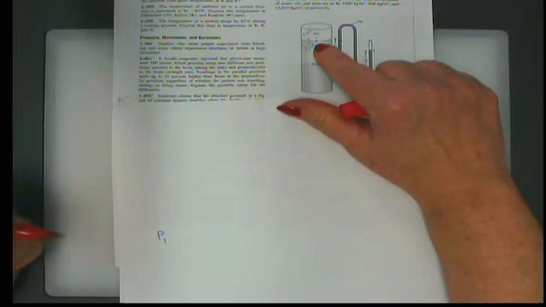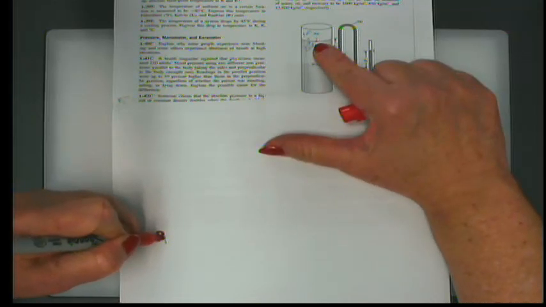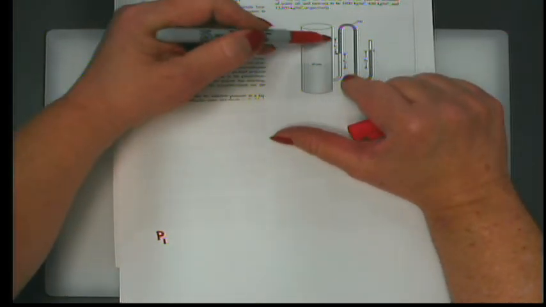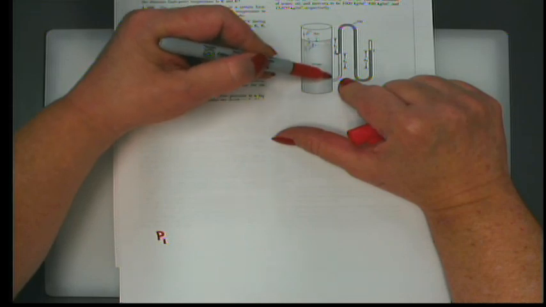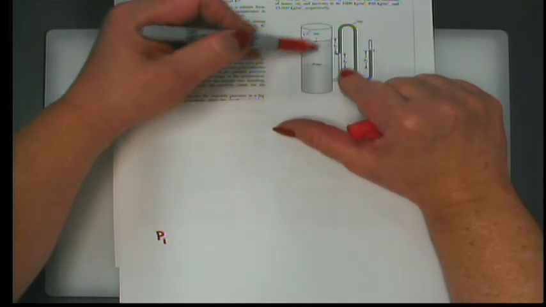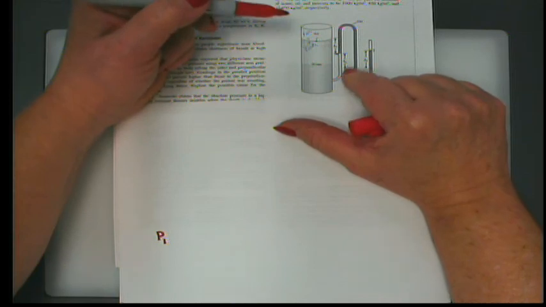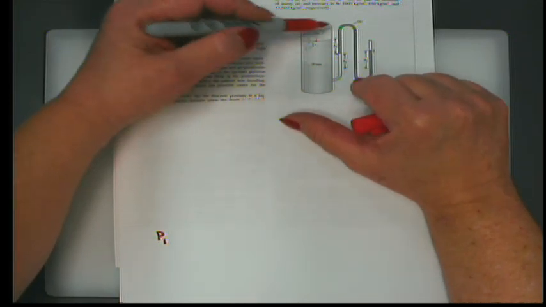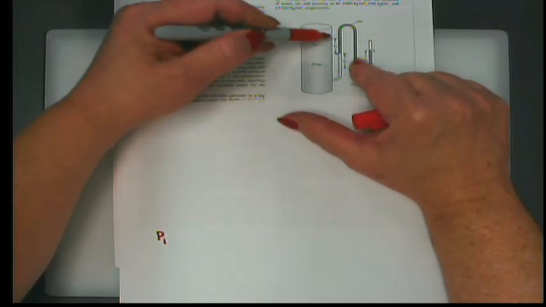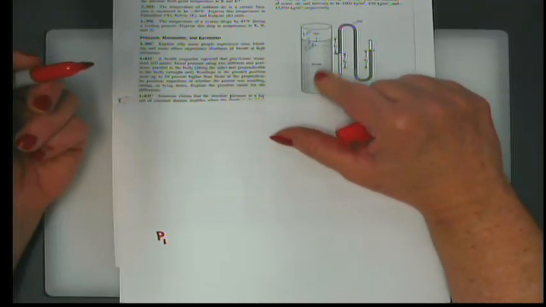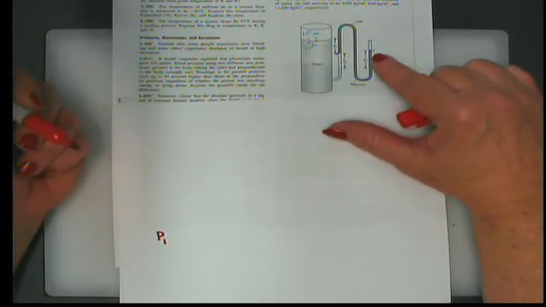So what we can say then is that P1, and then we are going to go down some amount and up some amount. It's actually easier if I start over here.